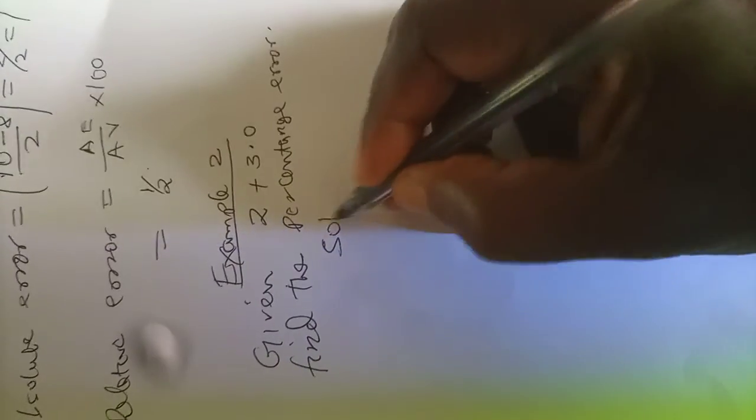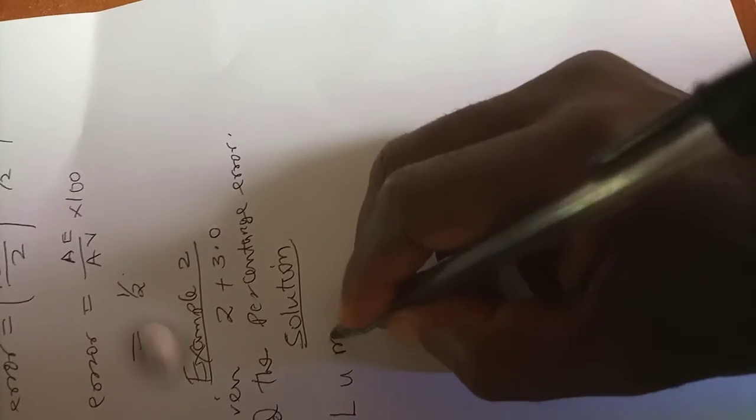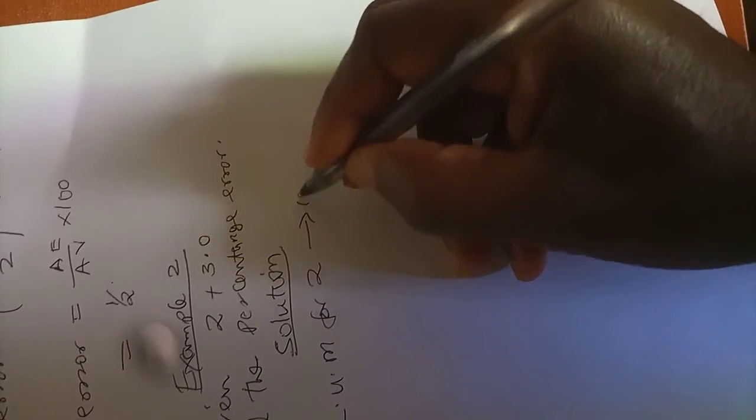Percentage error. So first of all, we need to start with the least unit of measurement. The least unit of measurement for 2 is 1.